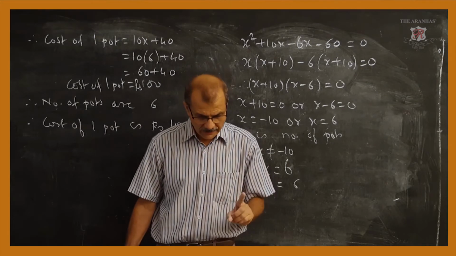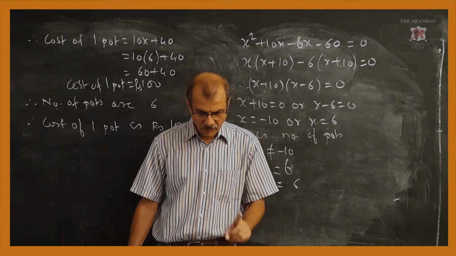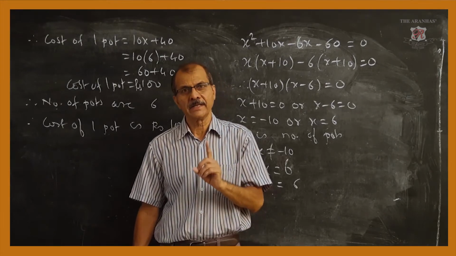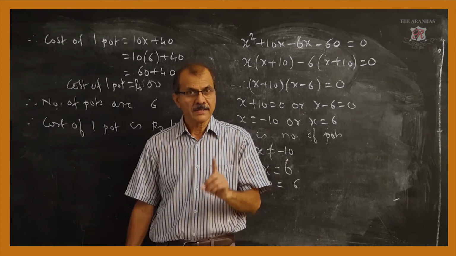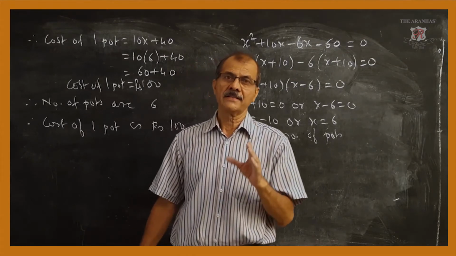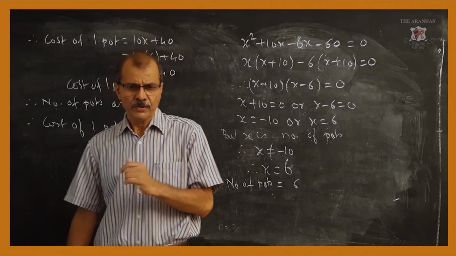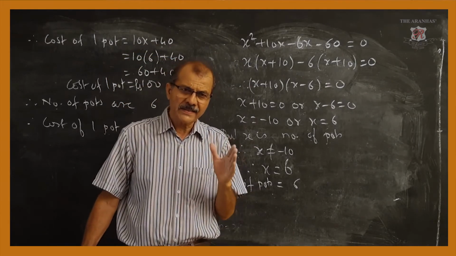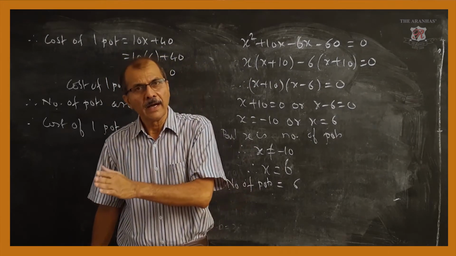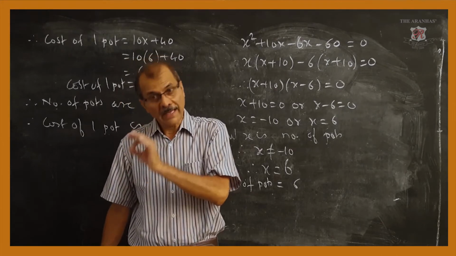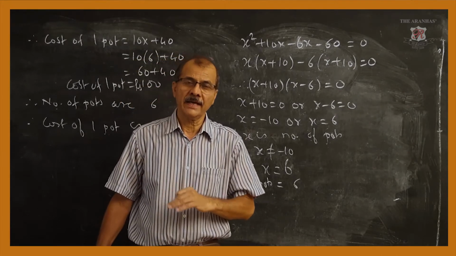But see the condition. Your quotient is 6 more than 5 times the divisor. It means the quotient has been expressed in terms of the divisor. So whenever anything is expressed in that form, that has to be considered as x.